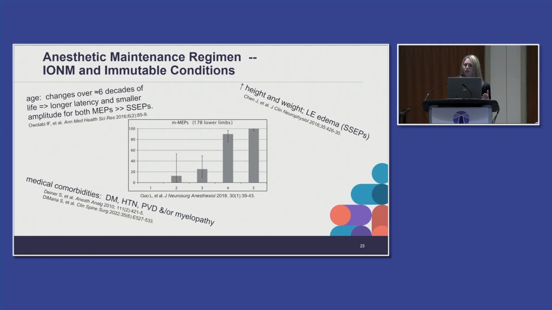Hypertension maybe makes a little bit less intuitive sense until you think about the endothelial dysfunction that can occur, perhaps resulting in some vasoconstriction and chronic nerve ischemia. And then even if the patient is neurologically intact, if their MRI imaging looks bad, if they have a hyperintense signal on T2 weighted C-spine imaging, that has also been found to make it harder to get good baseline signals, and suggested to use a more facilitating technique to obtain baseline signals off the bat.